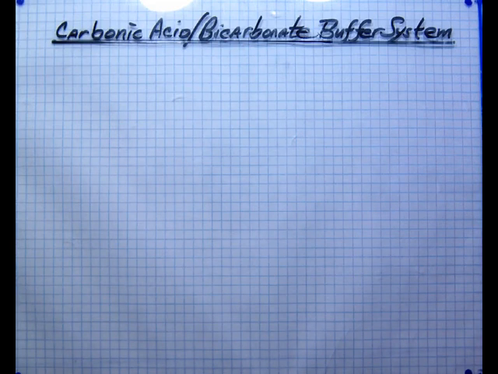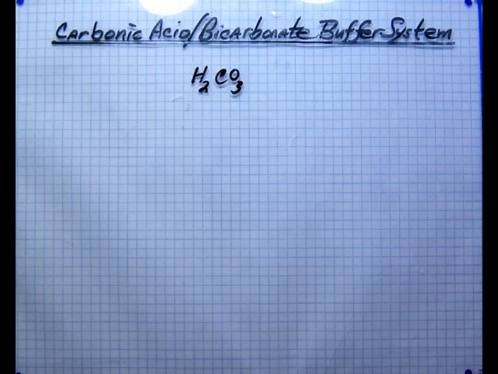To understand the carbonic acid buffer system, first thing we need to do is look at the chemical reactions that are involved. I would like to begin with the molecule of carbonic acid and talk a moment about its character.